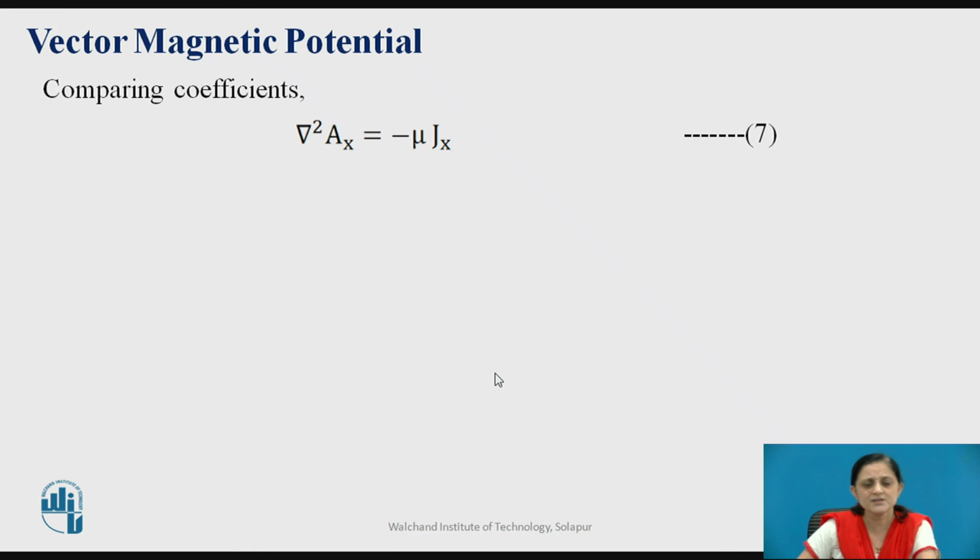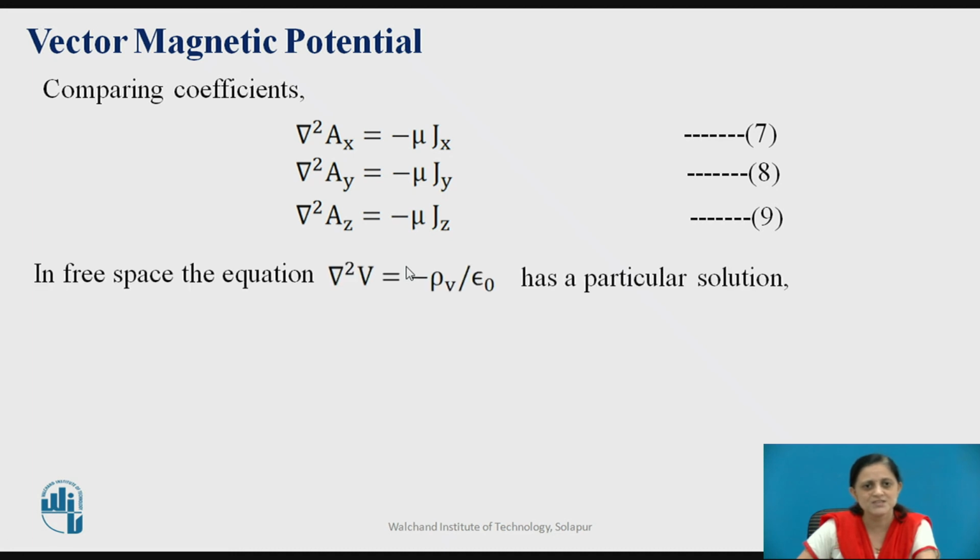Now, comparing the coefficients of the a bar x unit vector, you get del square Ax equal to minus mu Jx, where Jx is the x component of J bar and Ax is the magnitude of the A bar component in the x direction. Del square Ay equal to minus mu Jy and del square Az equal to minus mu Jz. So these are the equations.